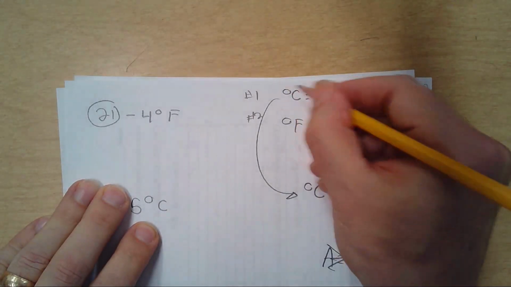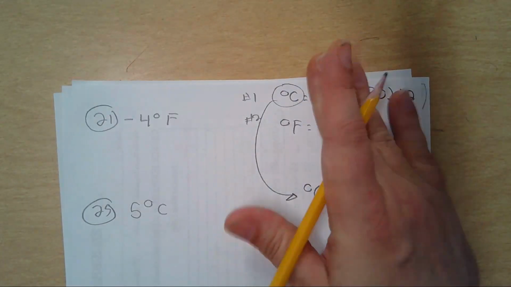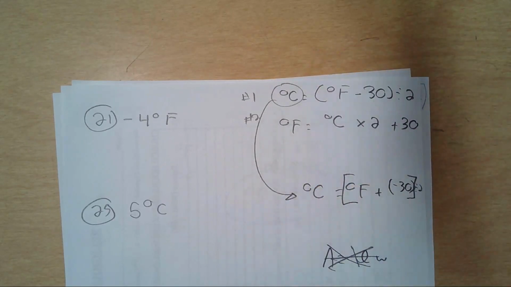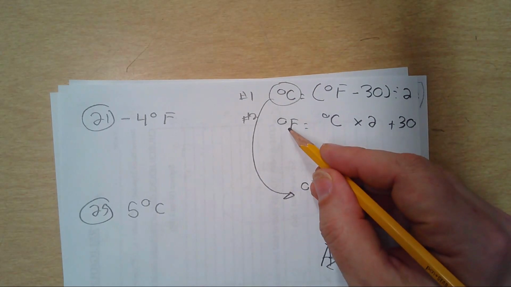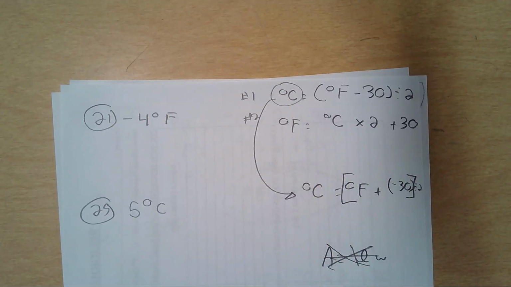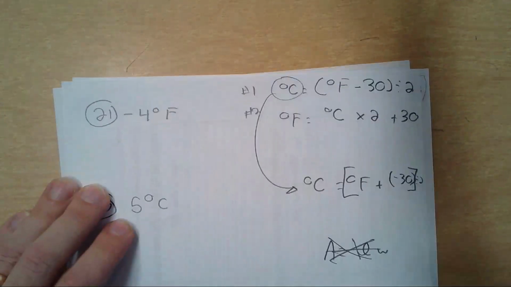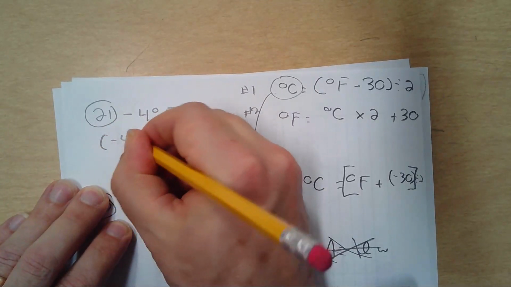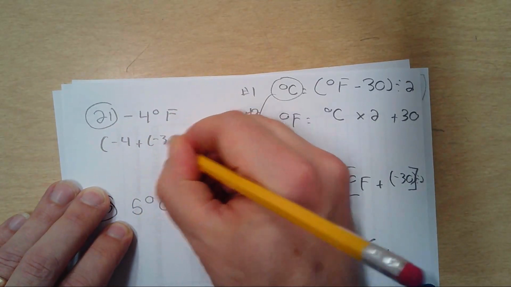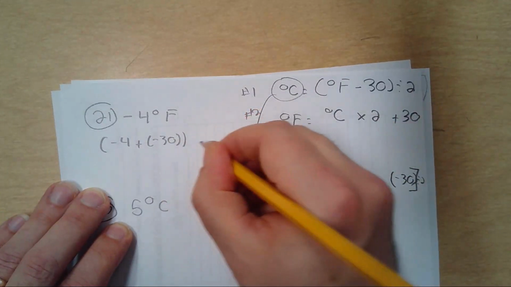Because what am I solving for? Again, it's always asking yourself over here. Because again, if I try and put it in the -4 here, well then, it's just, so, right. So then plug it in here. I got -4 plus a -30, or however you want to do it, divided by 2.